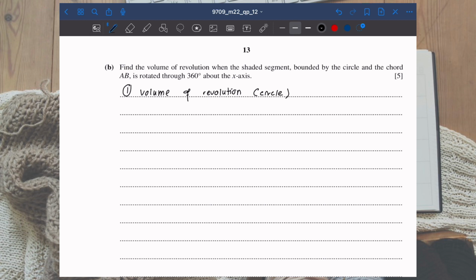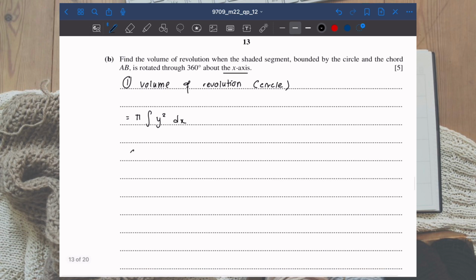For volume of revolution, we find it by π integrating y² dx, since we're rotating about the x-axis. We have our equation (x − 2)² + y² = 8.